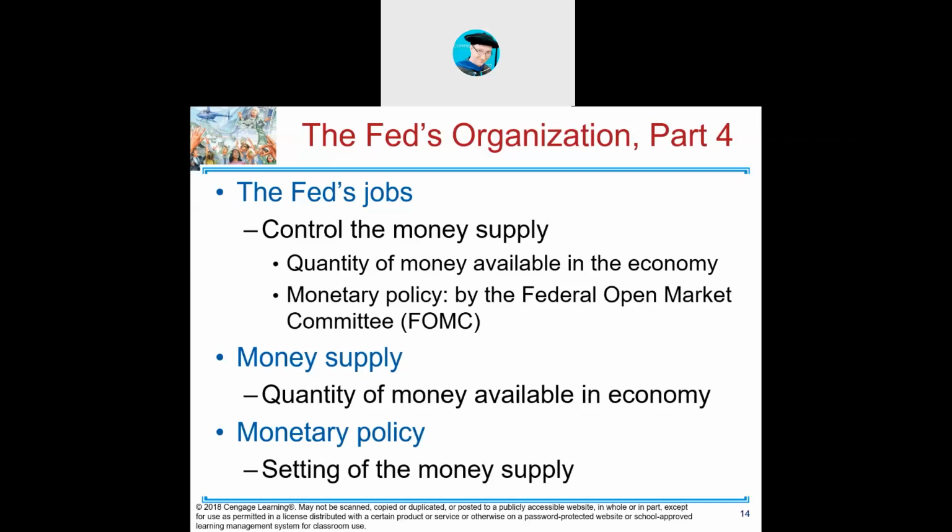Why is that? Think of this. Let's say that a bunch of U.S. residents decide to purchase goods and services from Canada or from Mexico or from Europe or Asia or Africa or wherever, right? What happens?